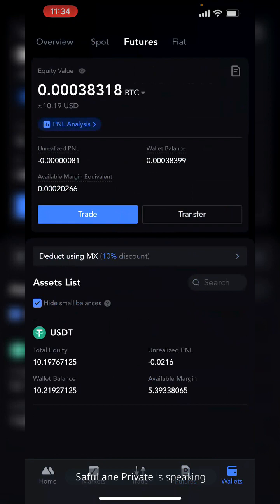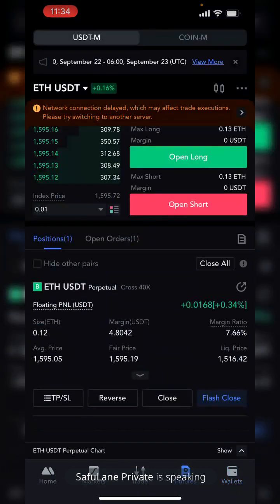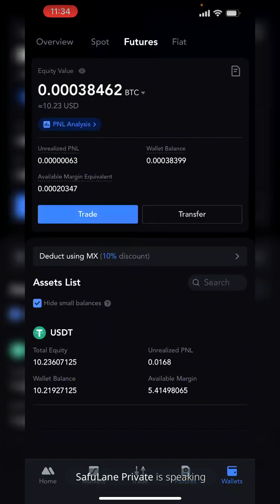I used 4.8 to join the trade. It's going to go to my balance and start picking from the balance I have to keep the trade alive. So it's very risky because on cross mode, I can lose all my money. It's not going to be just this $4.8 I've set. I can lose all the $10 I have on cross mode.